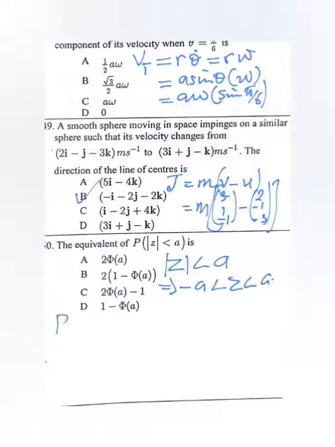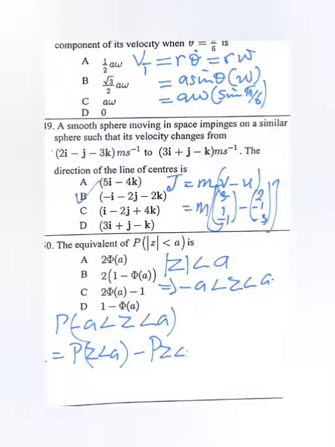So we are actually dealing with P of negative a less than Z less than a in this question, and this should be equal to P of Z less than a minus P of Z less than negative a. Now, by the symmetry of the normal curve with variable Z, this line of symmetry corresponds to the mean, which is 0. So to the left of 0, the mean, we have negative a, and to the right, the same distance, we have positive a.